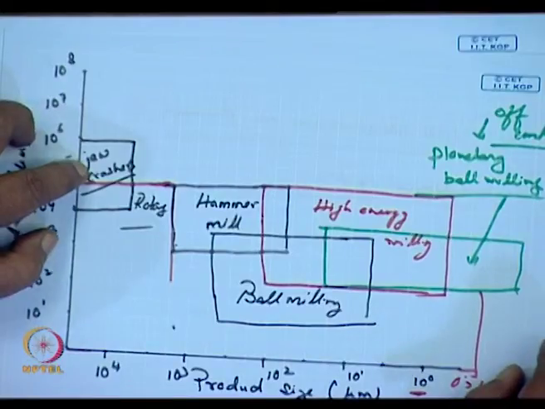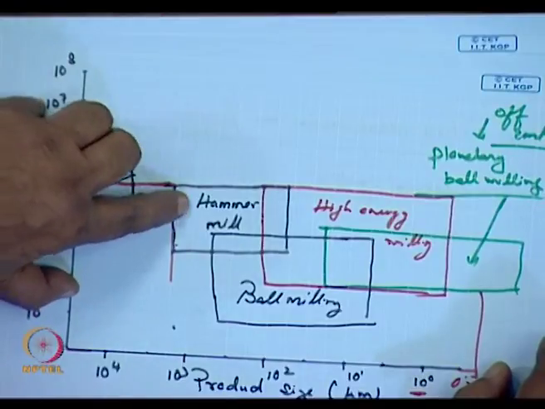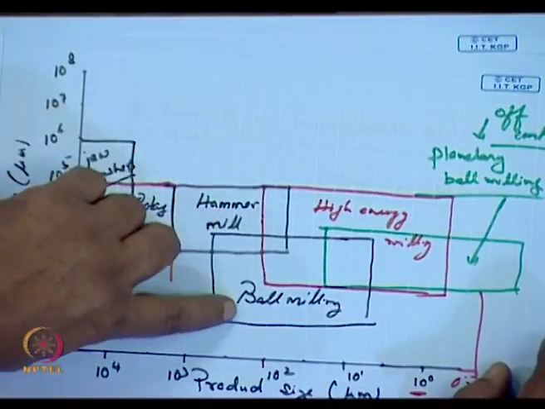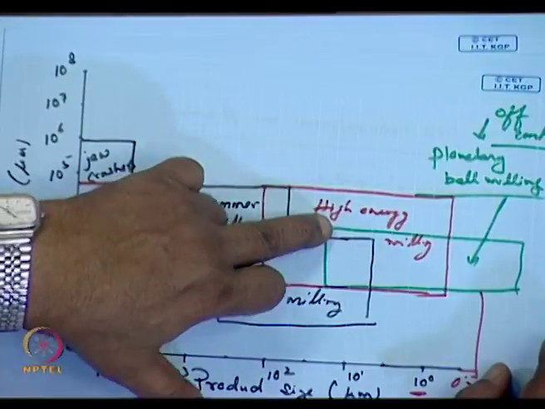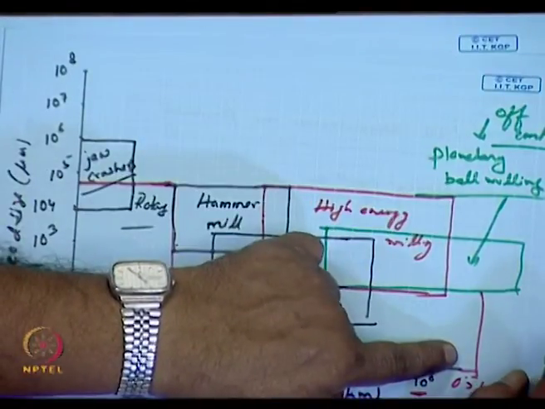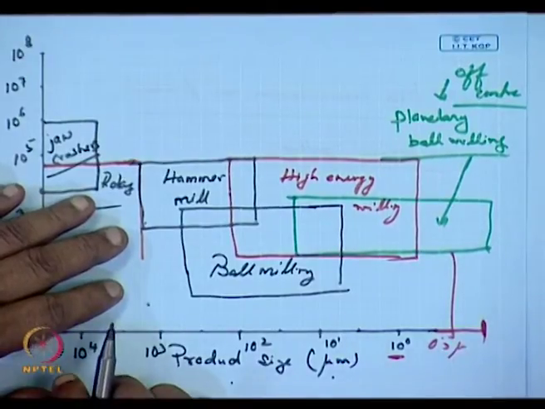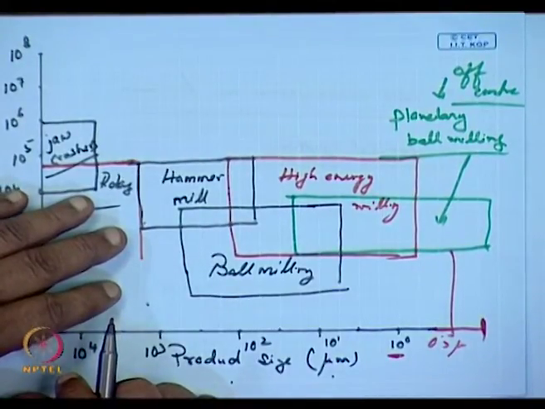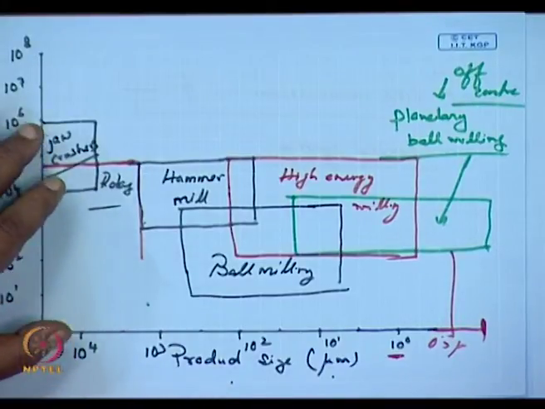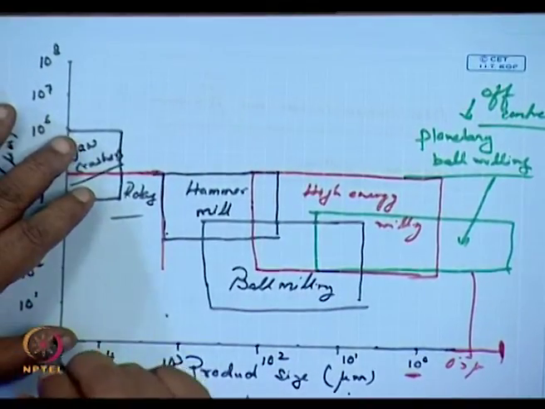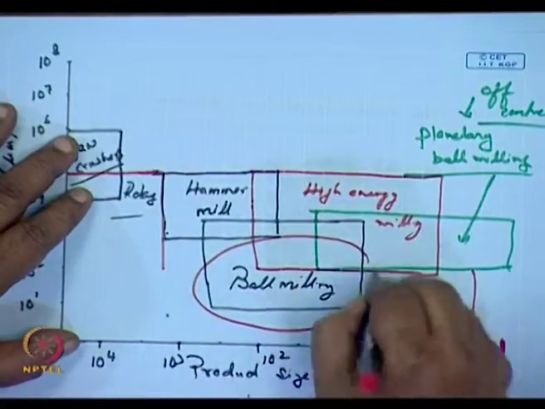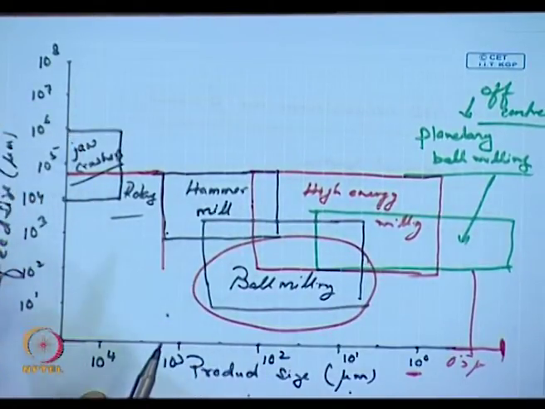So, I have gone from jaw crushers, rotary crushers, hammer mill, ball milling, high energy milling, planetary ball milling, where particle sizes can be reduced down to almost submicron level. What I shall next be concentrating on is ball milling, because this is one of the most used operations.